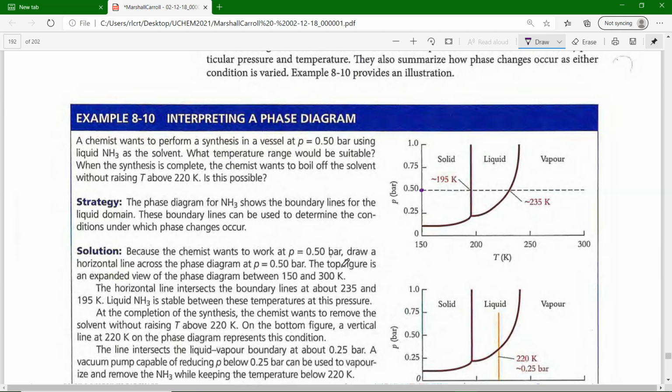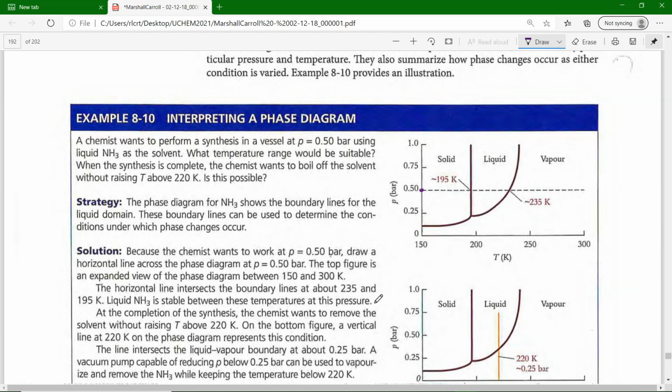Because the chemist wants to work at 0.5 bar, draw a horizontal line across the phase diagram at 0.5 bar. The top figure is an expanded view of the phase diagram between 150 and 300. So here's my solid-liquid, here's my liquid-gas. The horizontal line intersects the boundary lines at about 235 and 195 Kelvin. So liquid ammonia is stable there.